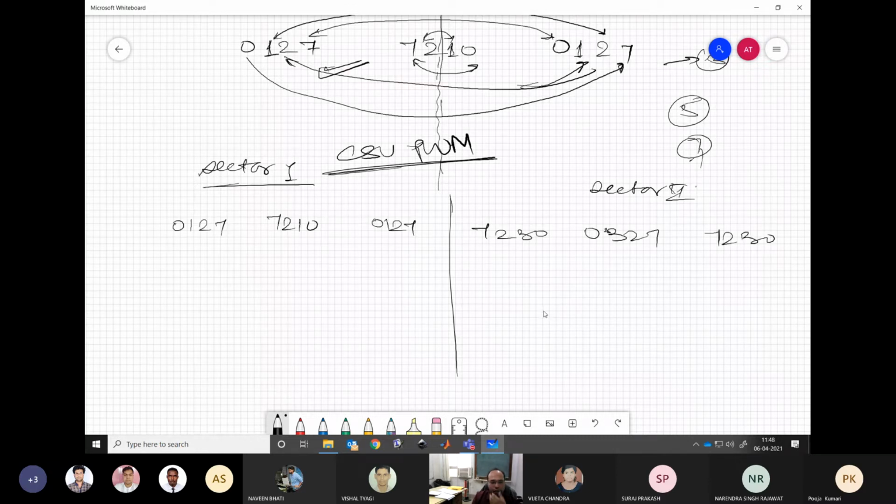Isn't it? This is what we do, right? Is it correct or not? Yes, sir. Now you match whatever is there at theta, the vector which is 60 degree apart is applied at 60 plus theta.